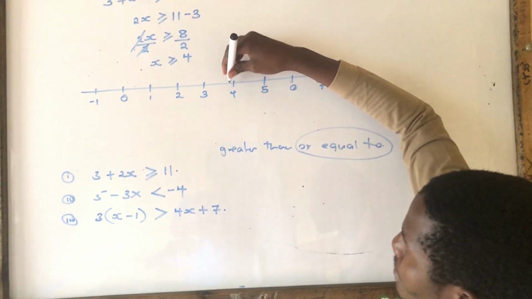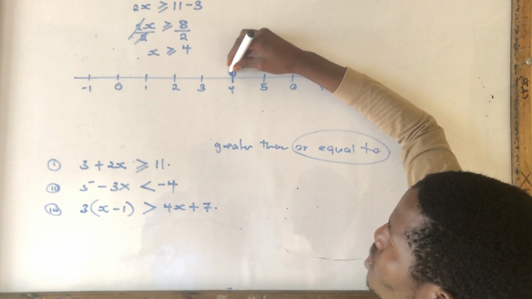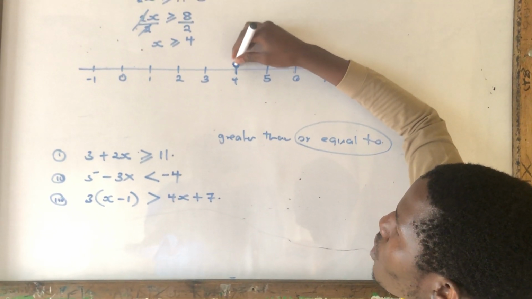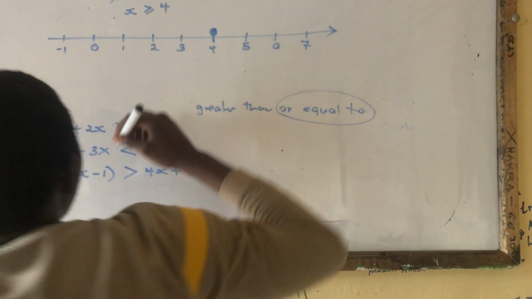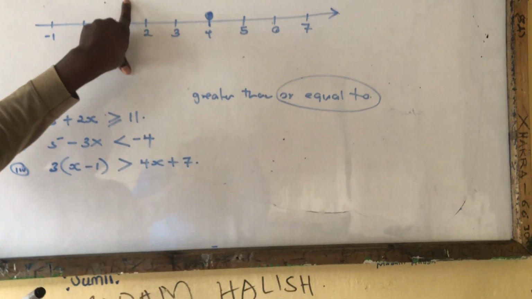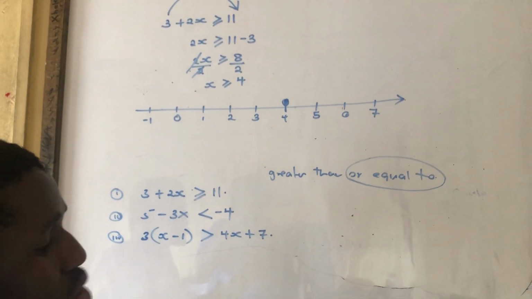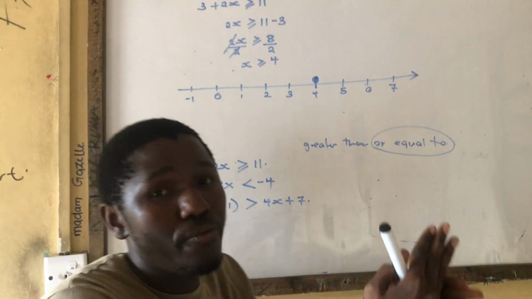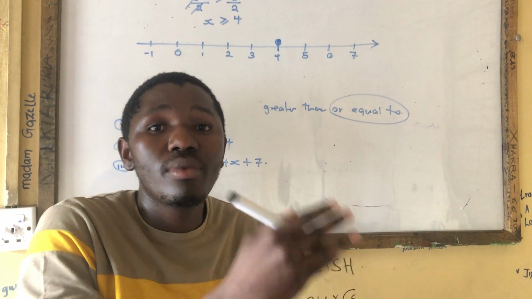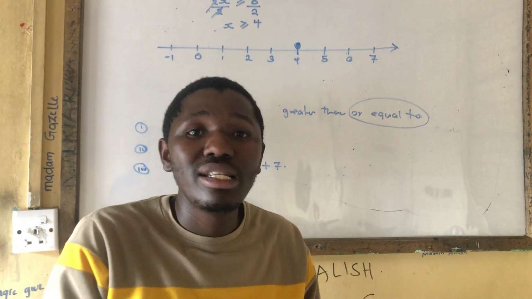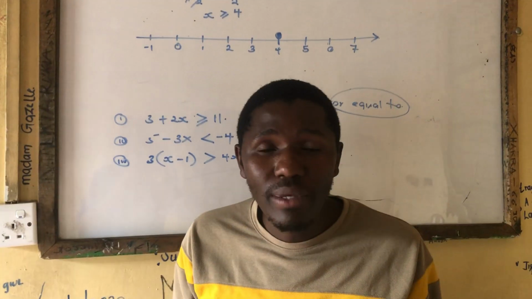So what do we do? At 4, I will have my dot, and of course, the dot should be shaded. Then you indicate that the possible values of x could be the 4 itself, 5, 6, 7, 8, 20, 35, 48, 100, etc.